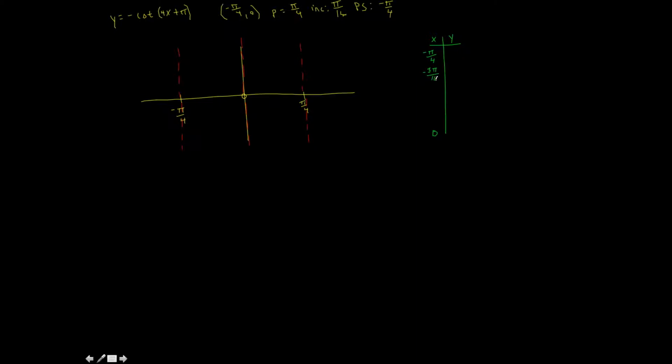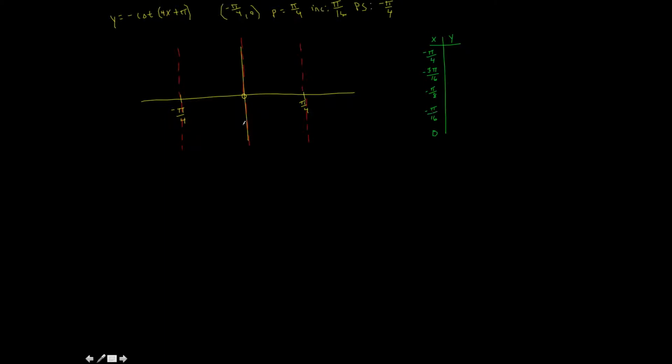Now just keep in mind that I'm getting common denominators and adding. Negative 3 pi over 16 plus pi over 16 is going to be negative 2 pi over 16, which is the same thing as negative pi over 8. And negative pi over 8 plus pi over 16 gives me negative pi over 16. And that is getting common denominators to get those x values.